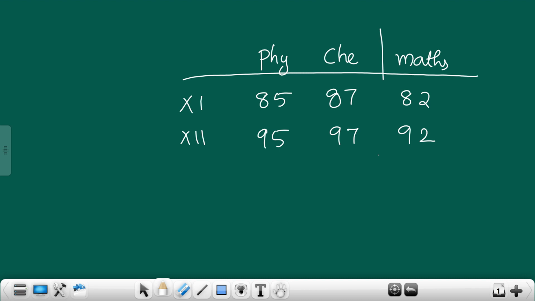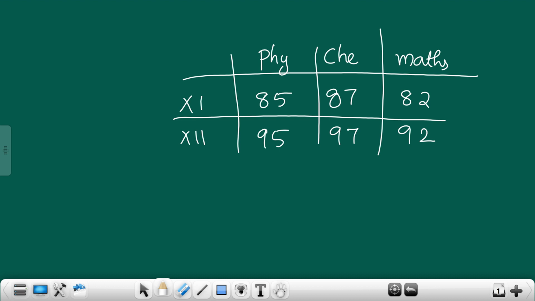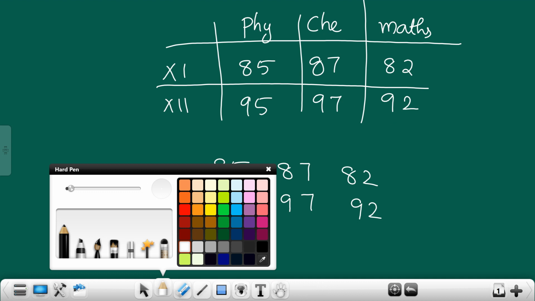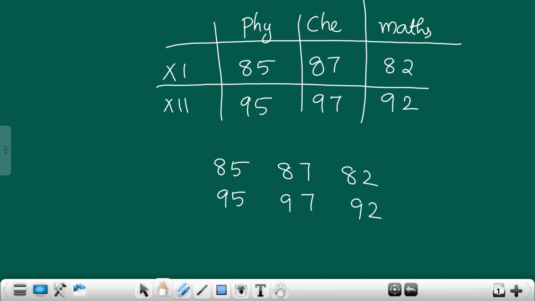Here, this information of marks we can rewrite as 85, 87, 82, 95, 97, 92. We are all familiar with rows and columns, right?